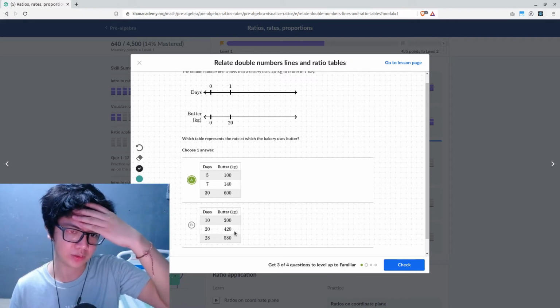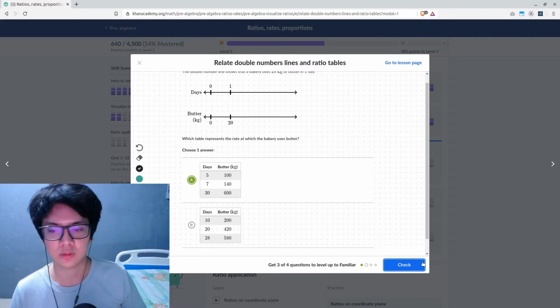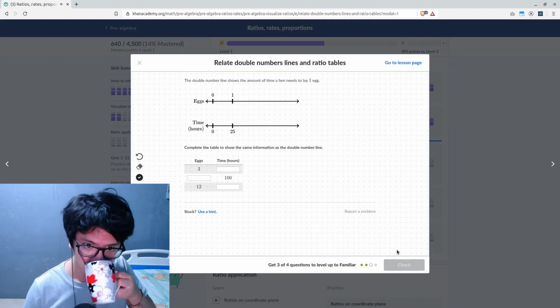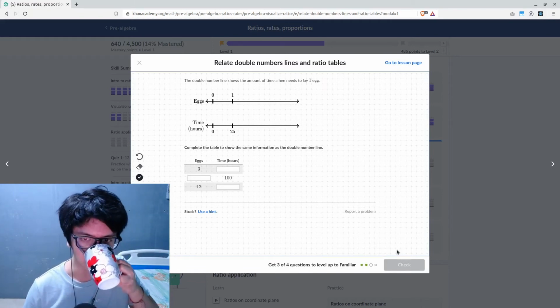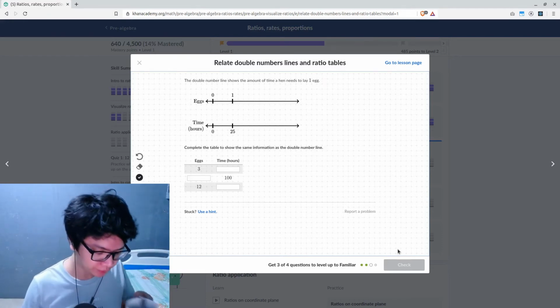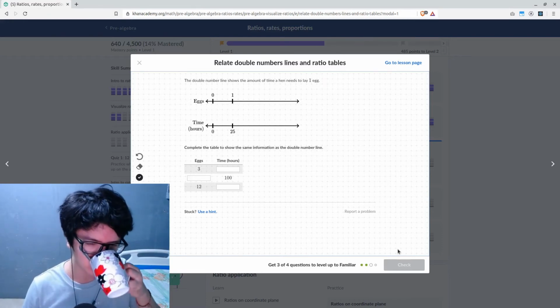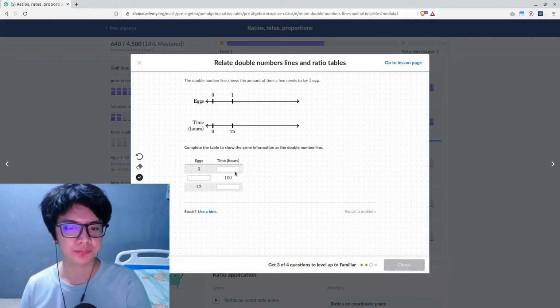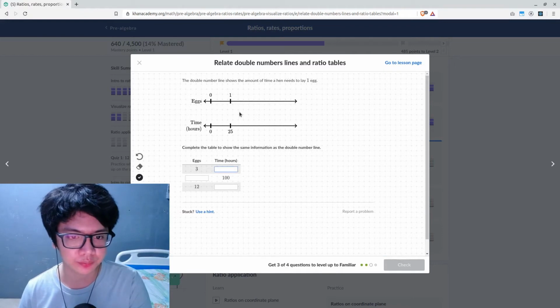This one also makes sense. Oh, 3 times 25. Okay, so 75.